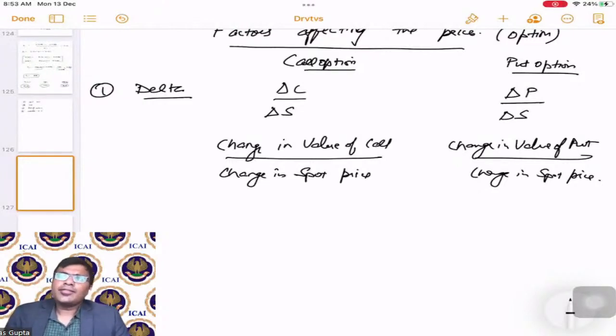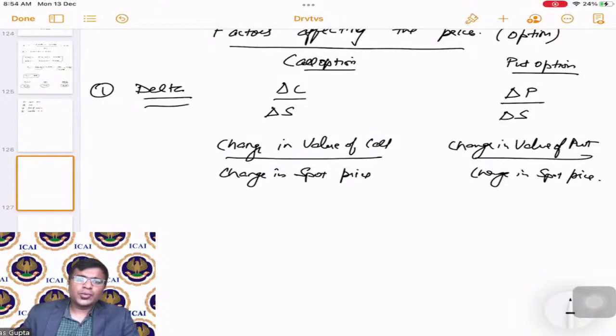Now, see, students, in the previous example we saw that for different spot prices, the value kept on changing. The rate at which the value changes is given by delta. Delta tells you at what rate the value of the call changes if there is a change in the spot price. Let's say the spot price goes up by 1 rupee or goes down by 1 rupee, then what is the impact on the value of the call?